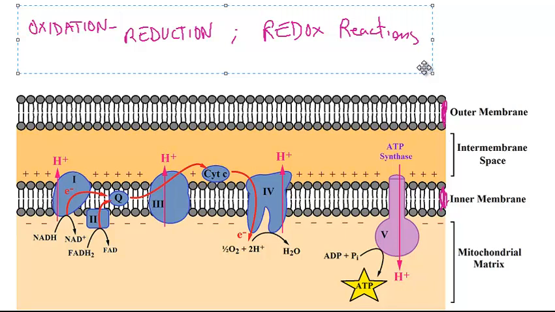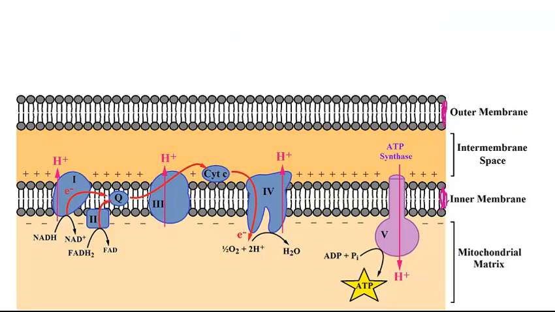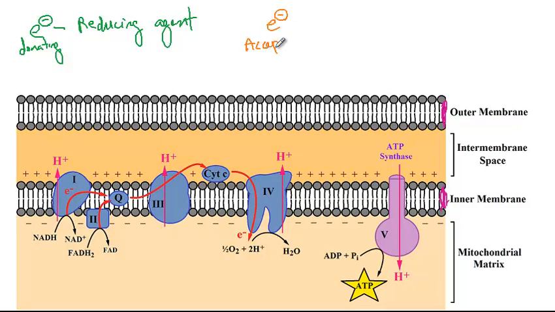Alright, now during this process, the electron donating groups are called the reducing agent. And then the electron accepting group is called an oxidizing agent.